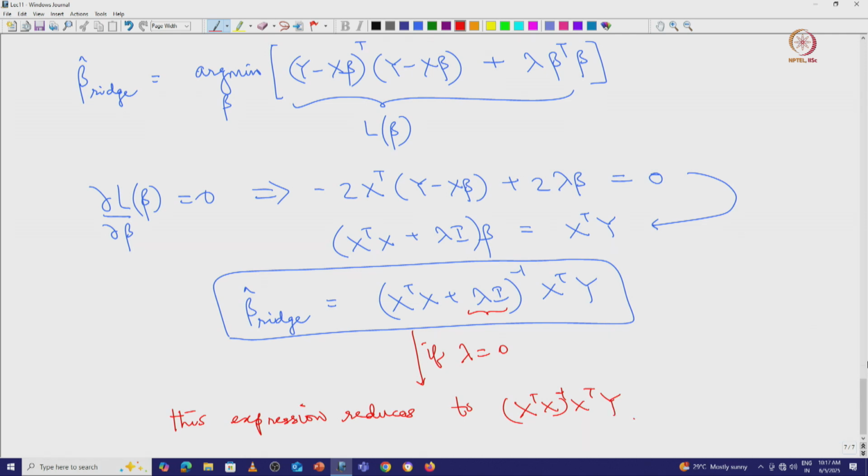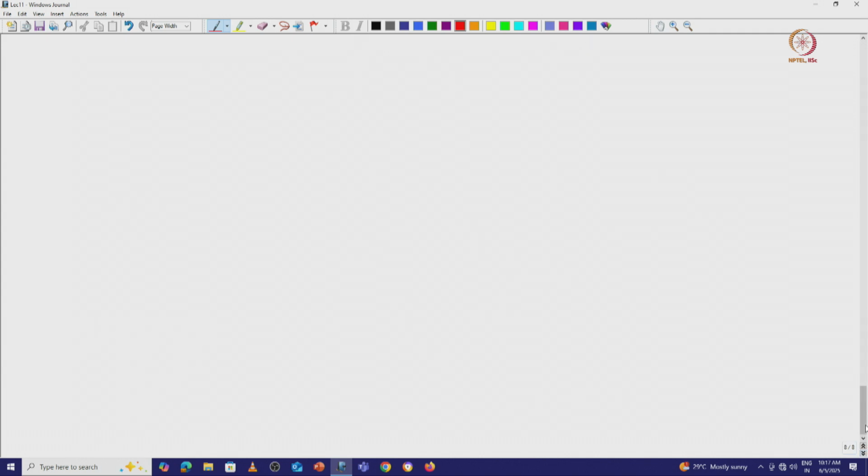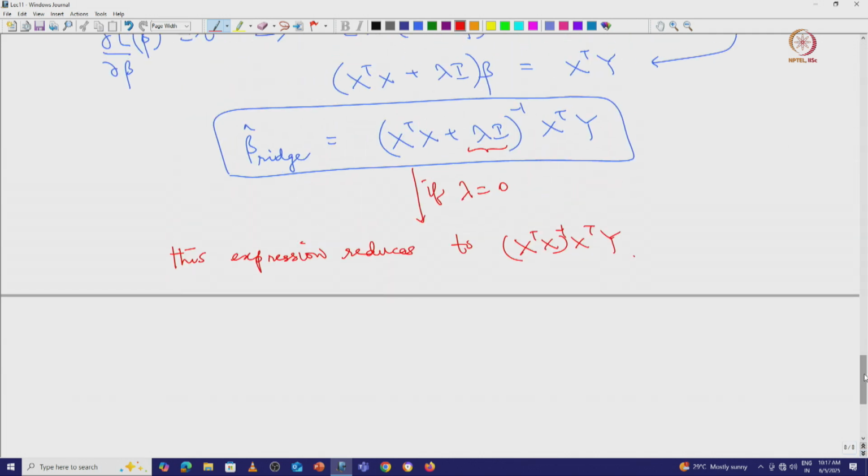Now what are the advantages of doing this? One thing that we have discussed is that overfitting can be mitigated, but there are other advantages as well. So let us go through them.